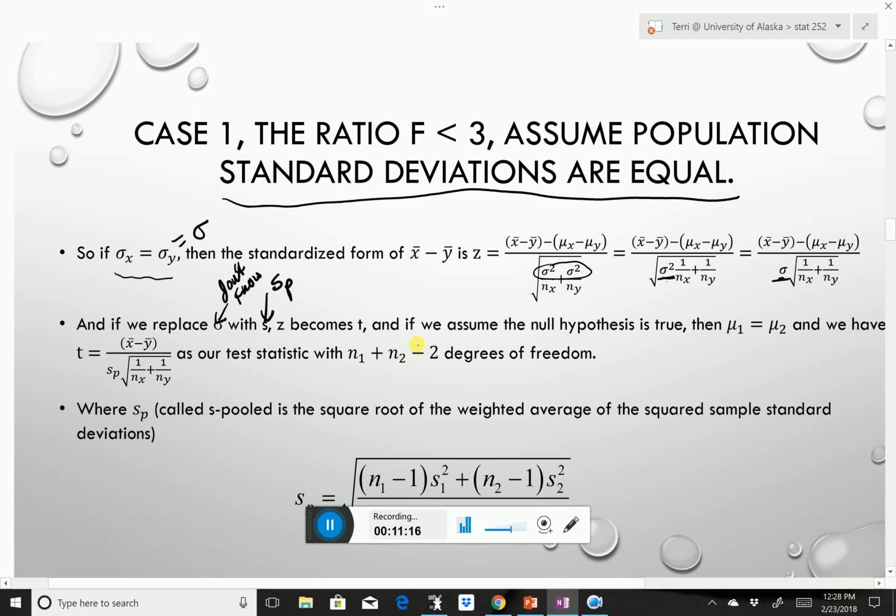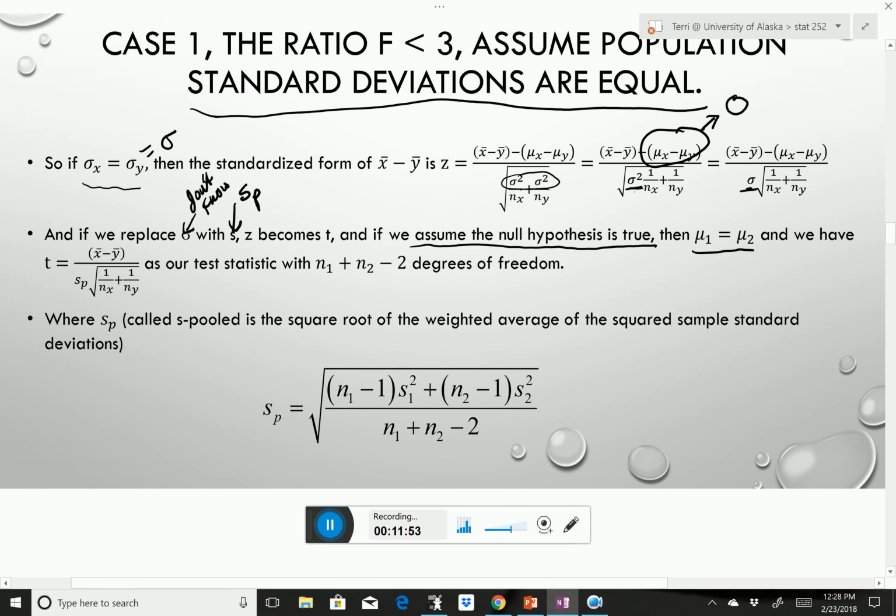Z becomes t, and remember, in a hypothesis test, we always assume that the null hypothesis is true until proven otherwise. That would make mu1 equal to mu2. So this piece right here would be 0. If mu1 equals mu2, then these go to 0. Actually, I should have said x and y on this one. So t equals x bar minus y bar divided by SP times the square root of 1 over nx plus 1 over ny.